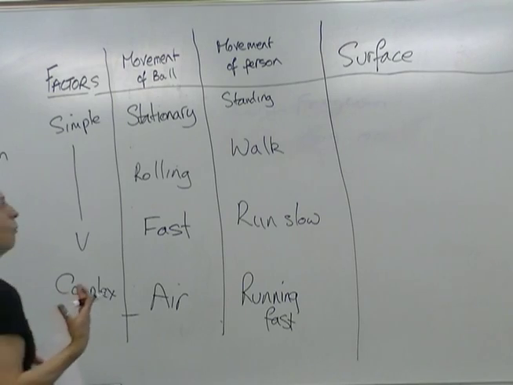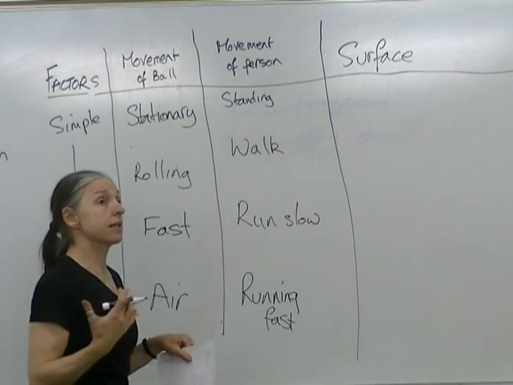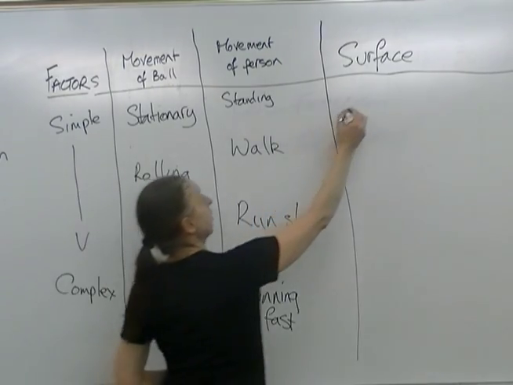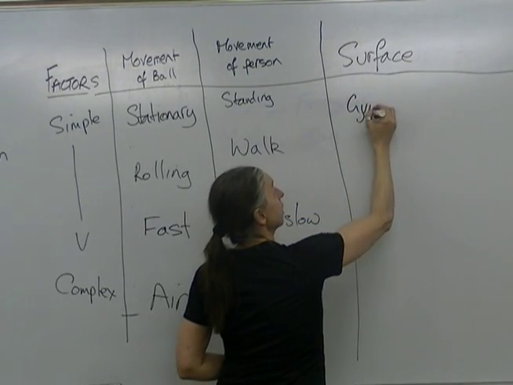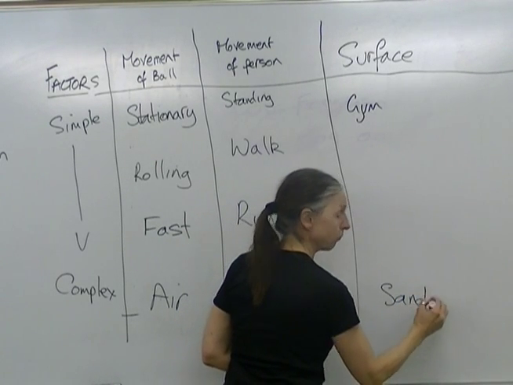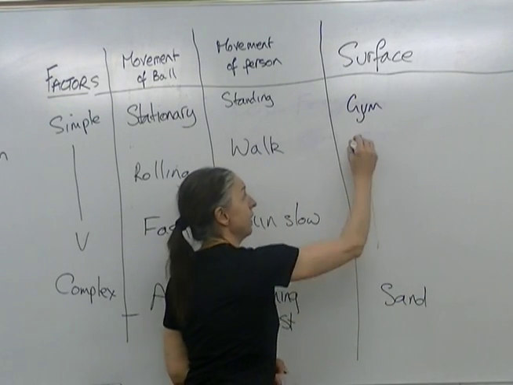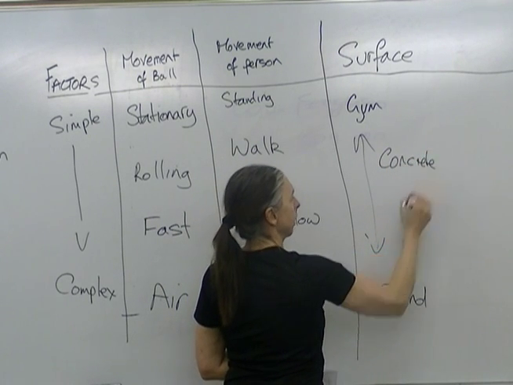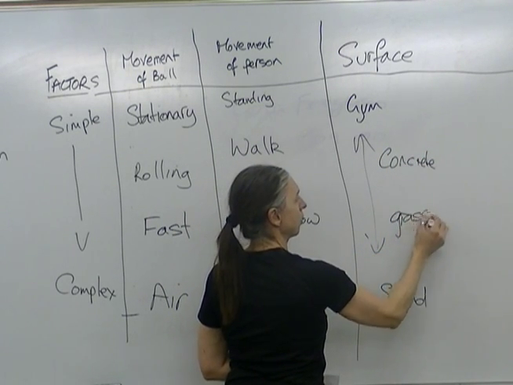You might say it's easier to kick on a gym floor, and it's harder to kick in the sand. And then you've got anything in between, right? So we've got maybe concrete and grass, turf.